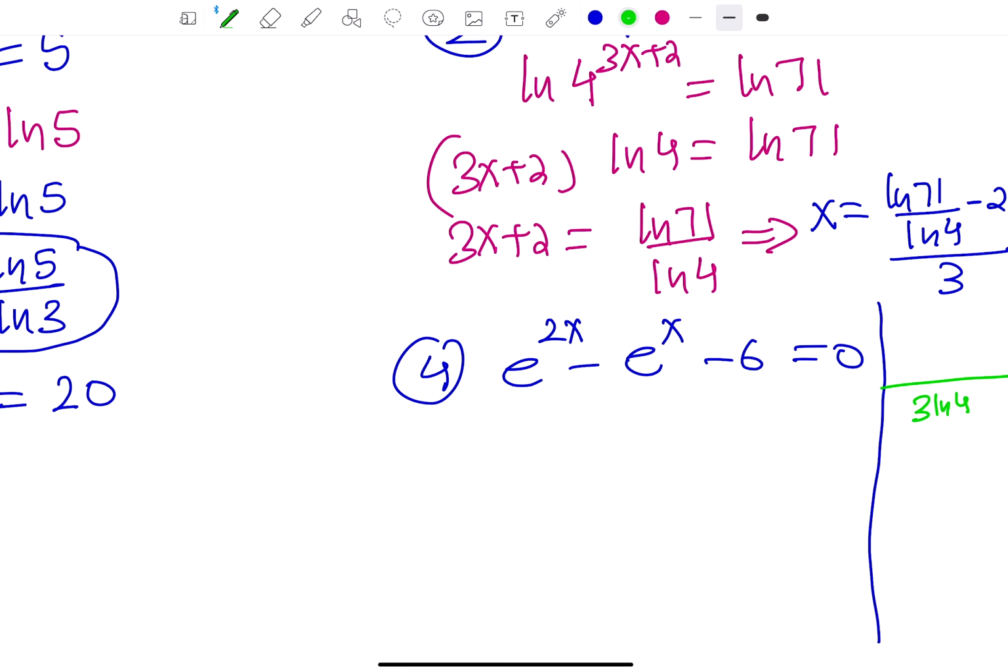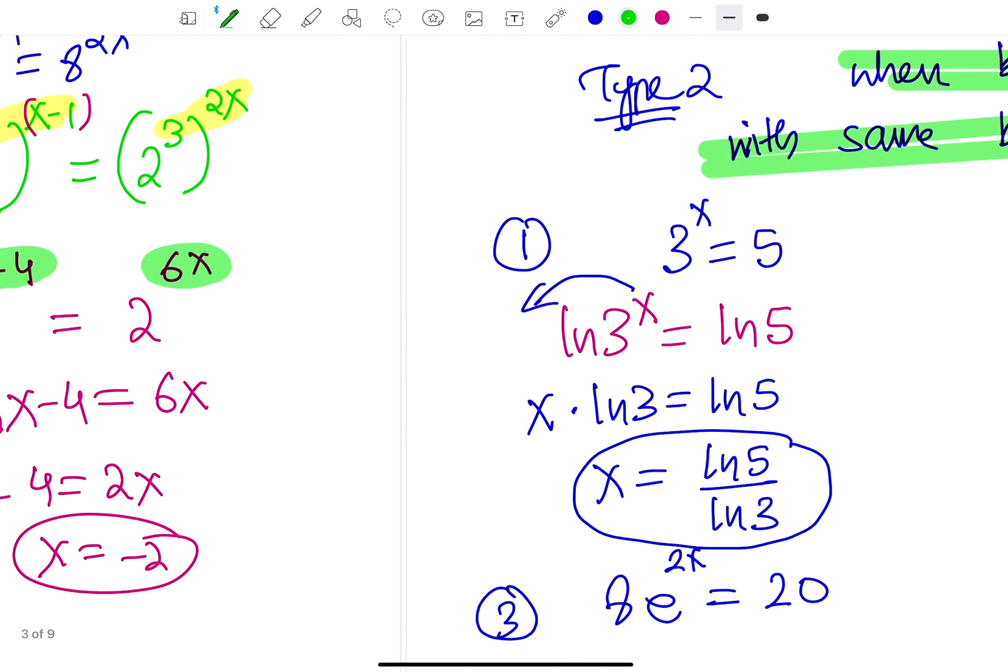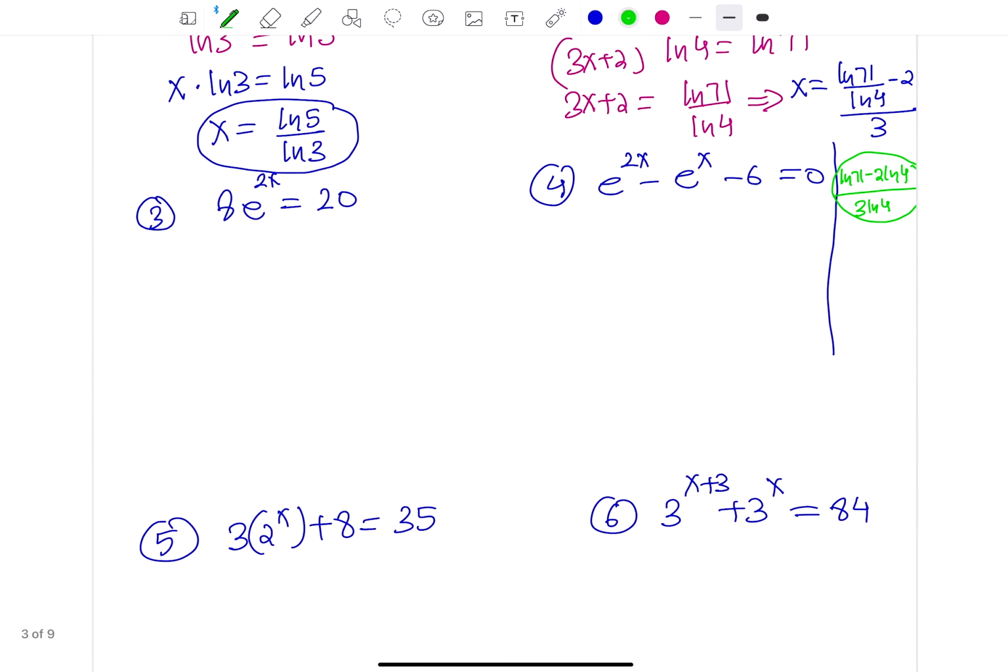And that's going to be our answer, the x value that makes the left and right-hand side equal. Again, we're leaving them in the exact form, but we can find the estimated or approximate value using the calculator as well.